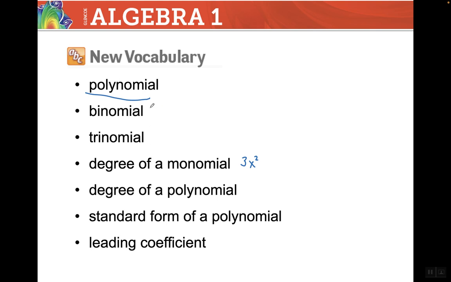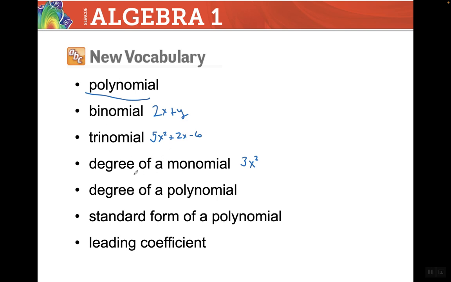So monomial is one term, binomial is two terms, and that might be something like 2x plus y. Okay. And a trinomial, of course, is three terms. So we might have 5x squared plus 2x minus 6. That's a trinomial there. And those are the ones we're going to be talking about a lot.